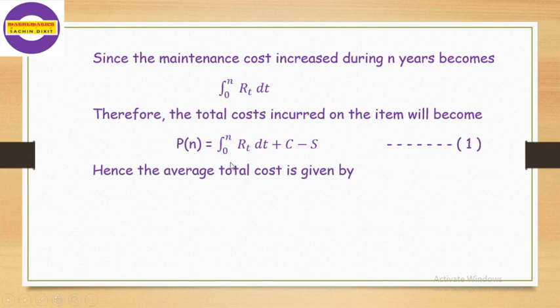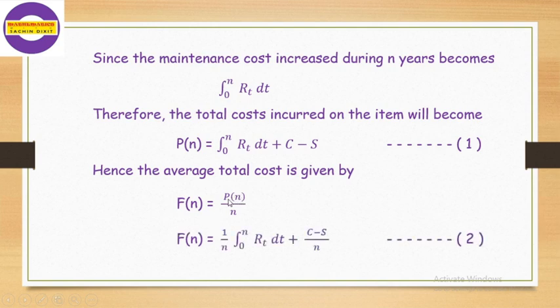To find the average cost, we just divide equation number 1 by n. Hence, the average cost is given by f of n is equal to P of n divided by n. Just for notation, we take the average total cost as f of n, and Pn divided by n means we get the average total cost.